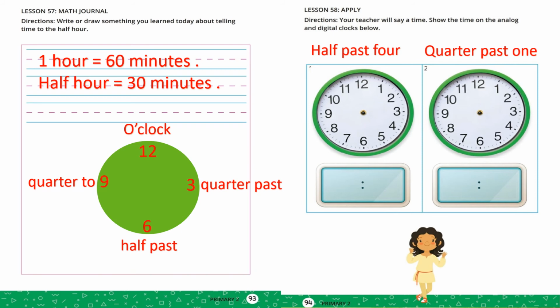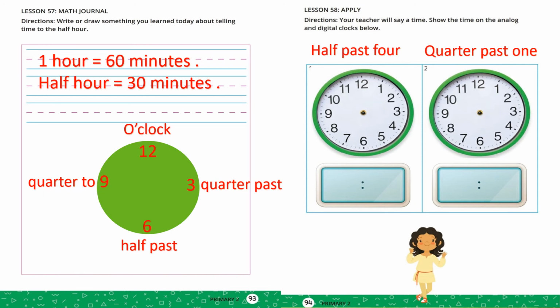The next page, lesson 58. Your teacher will say a time. Show the time on the analog and digital clocks. We have here 2 clocks without hands, and you should write the time above each clock. Let's draw the hands. Number 1, half past 4.